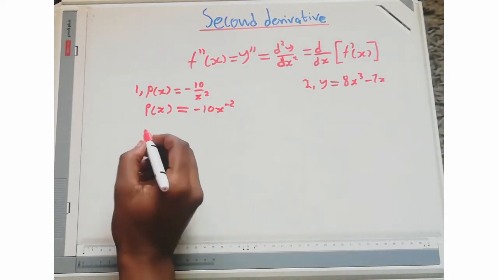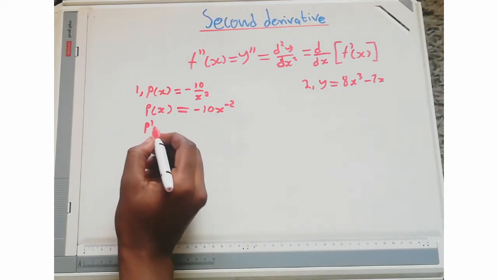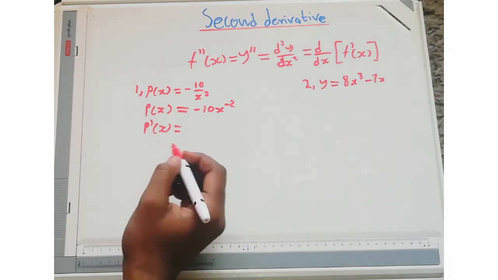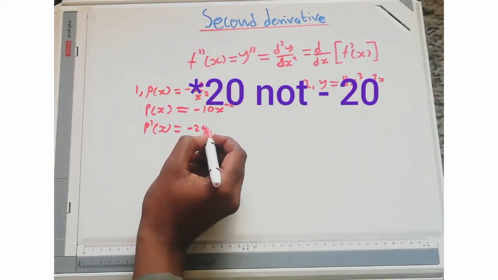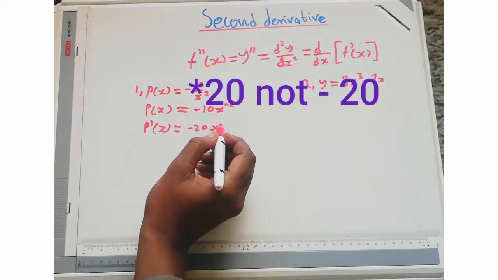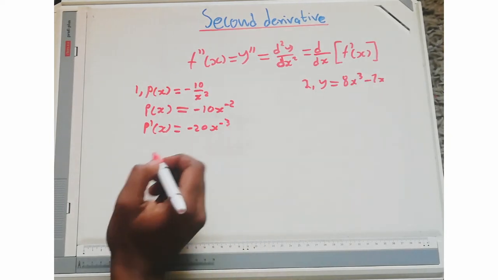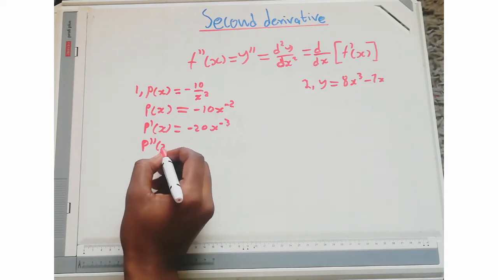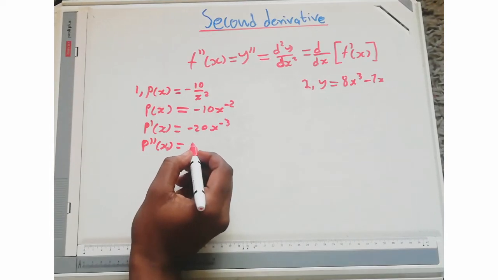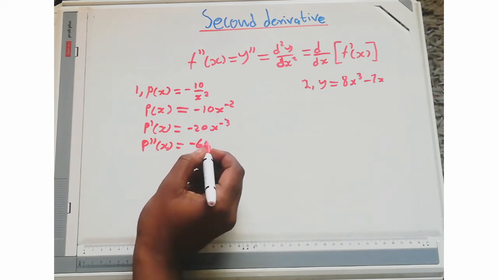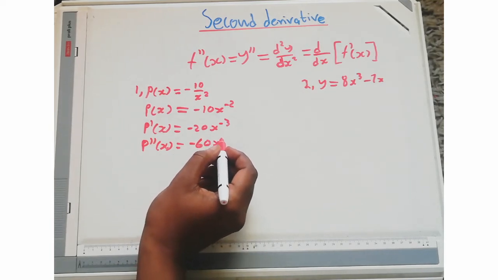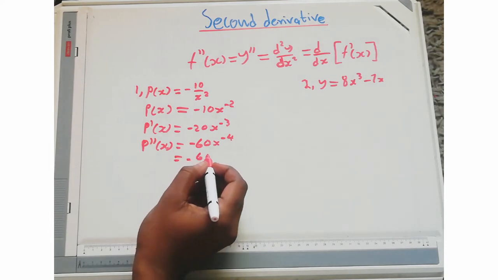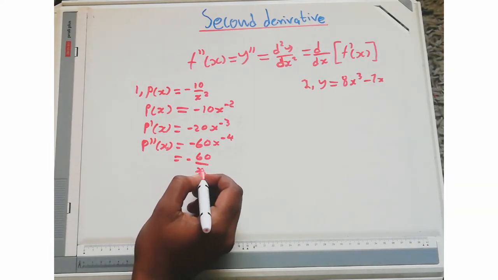And then from there, you can find your first derivative, which will be minus 20 x to the minus 3. After that, you can find your second derivative, which will be minus 60 x to the minus 4, which can also be written as minus 60 over x to the 4.